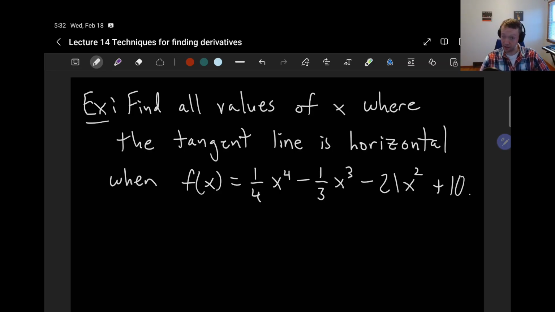Now, this ends up being not as difficult as it sounds once you make the connection between tangent lines and the derivative. That's the key.